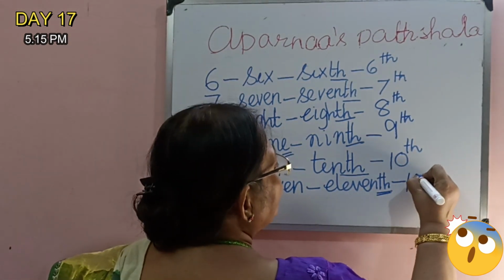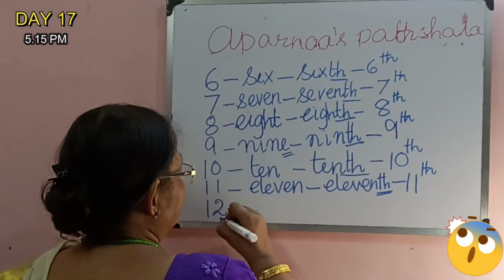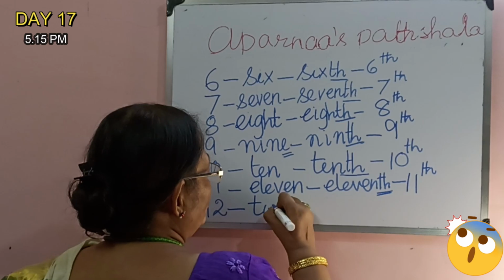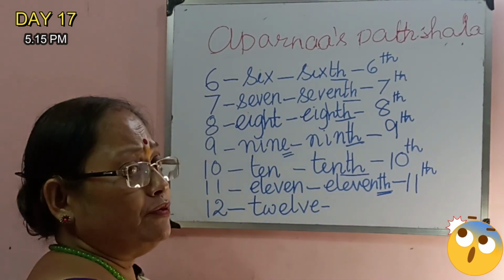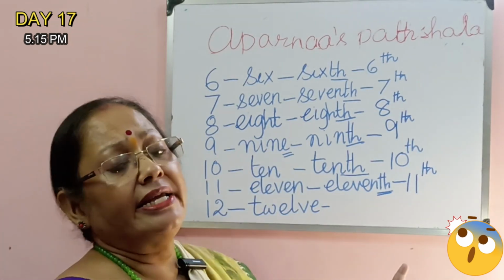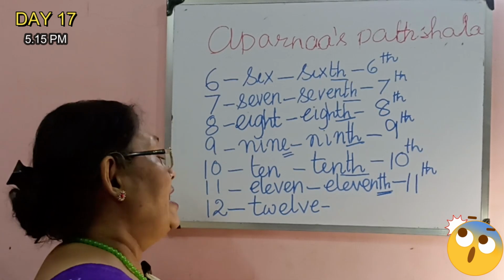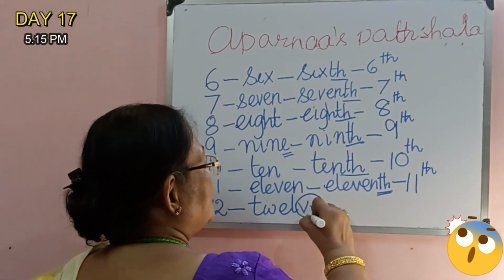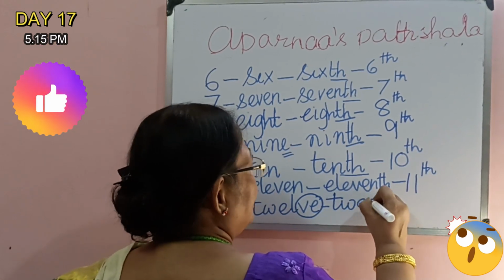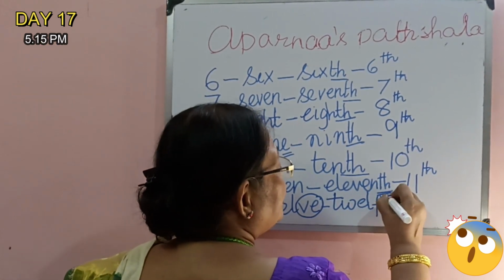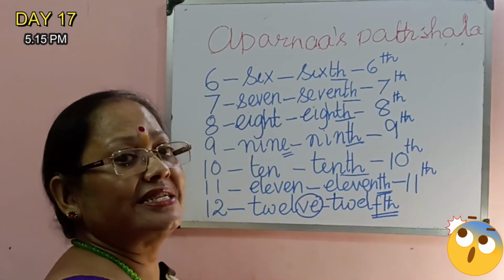11th, 11, TH. Here comes another one. T-W-E-L-V-E is the spelling of 12. But as we are writing the ordinal numbers, it will be a very interesting one. Instead of V, there will be F-T-H. T-W-E-L-F-T-H. This is added to it.